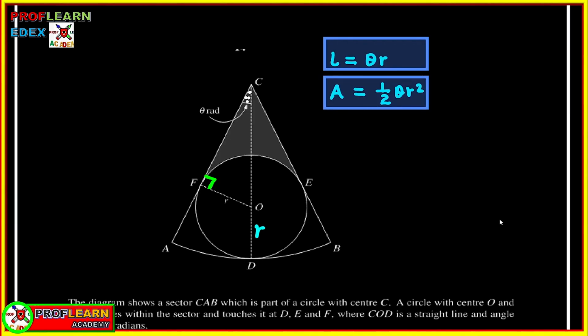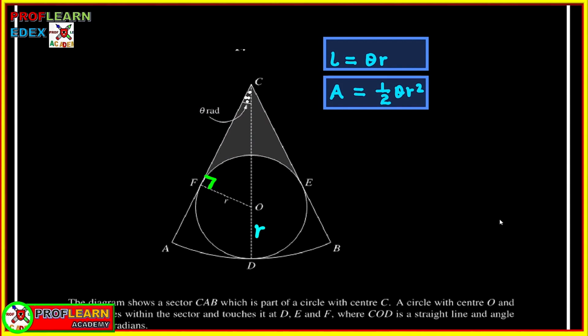Okay, we're supposed to find the perimeter of CAB. So first, for us to find the perimeter of CAB, we need to find the arc length ADB. The arc length ADB is going to be given by r theta.